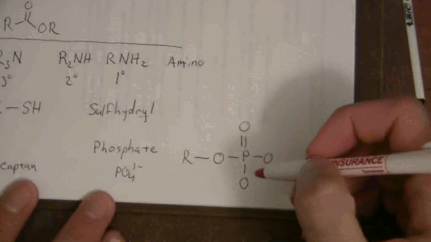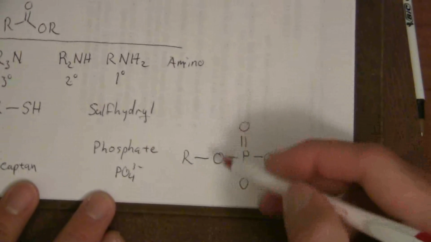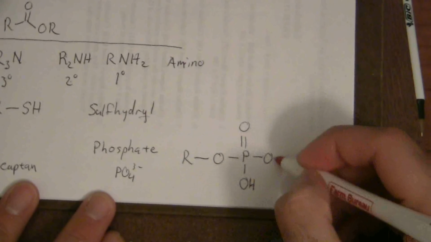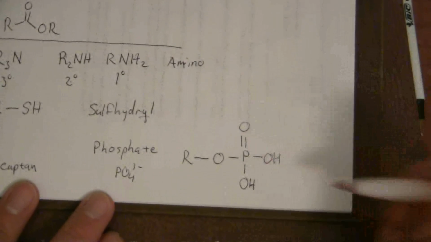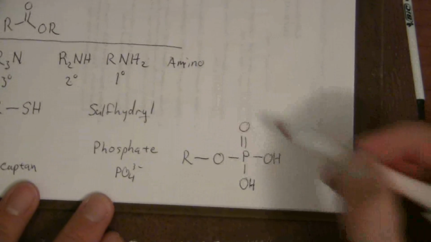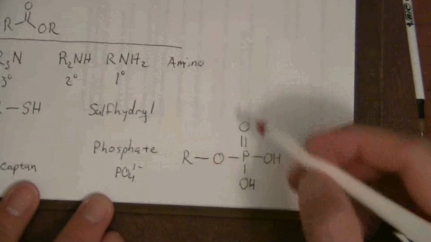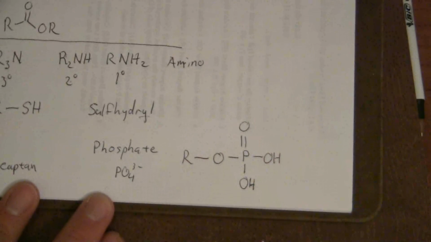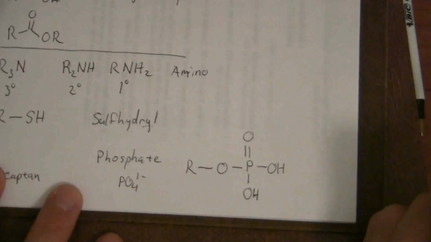Okay, but in organic phosphates, typically you'll have a hydrogen on here, but you could have some other group as well. But essentially the same thing as the inorganic phosphate. You have that PO4, but it's connected to a carbon chain in the functional group.